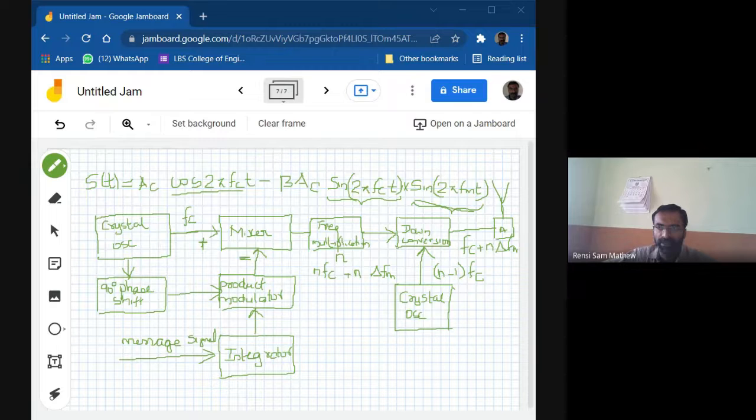Next class we will look into FM demodulators, how to demodulate the FM signal. Today's class we looked into the two types of FM, wideband FM and narrowband FM, and then we saw the circuits for the varactor diode modulator and the block diagram for the Armstrong method of indirect generation of FM signal.